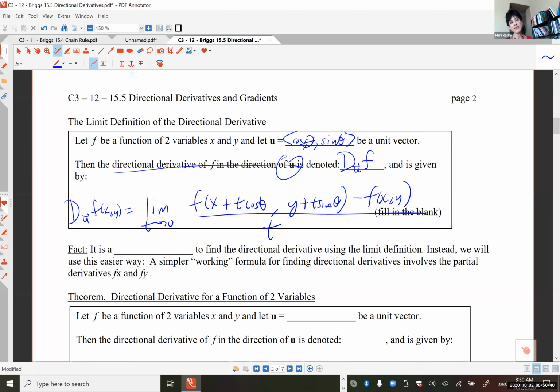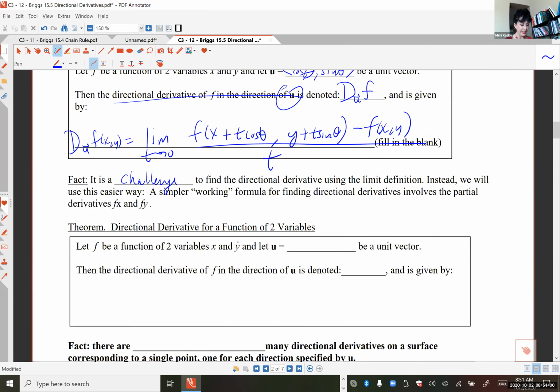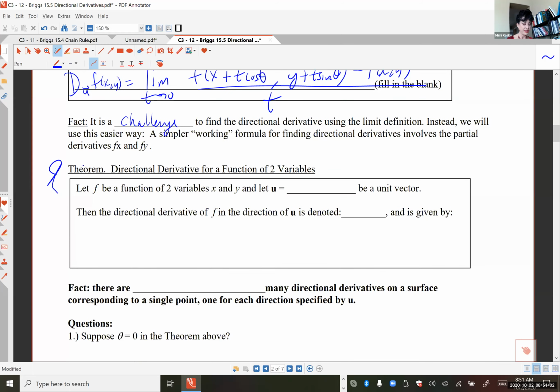We're not going to use this limit definition to get our directional derivatives, okay, thank God, mainly because it's pretty challenging. So it is a challenge to find the directional derivative using this limit definition. Instead we're going to do an easier way, and the working formula for finding directional derivatives in this class is going to be using this theorem here. This is one of them. There's going to be two if you pay attention today.